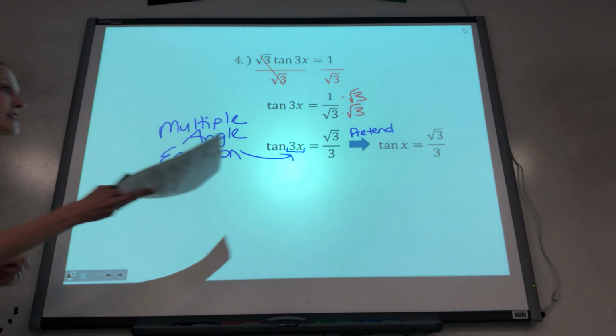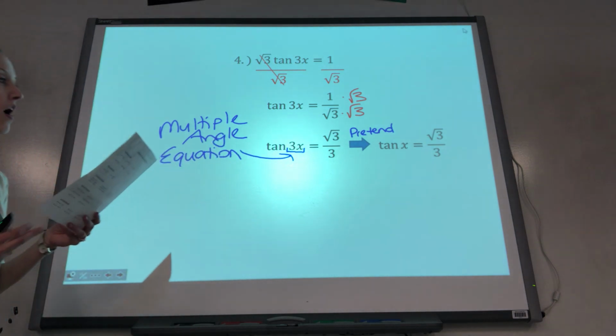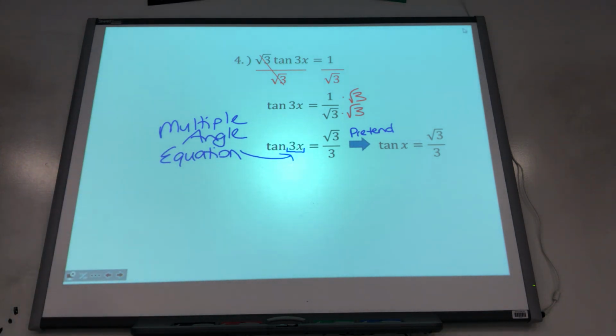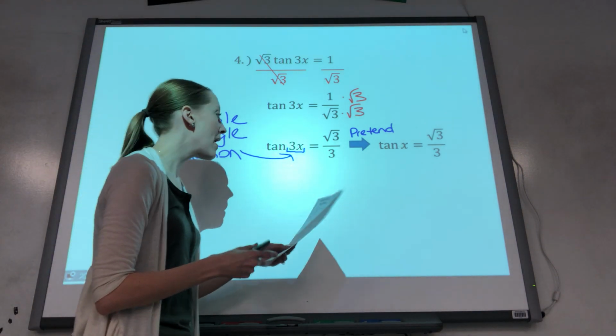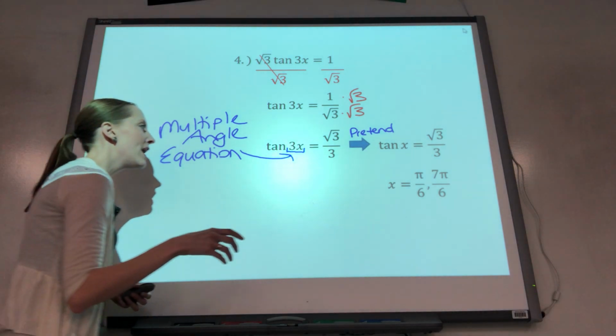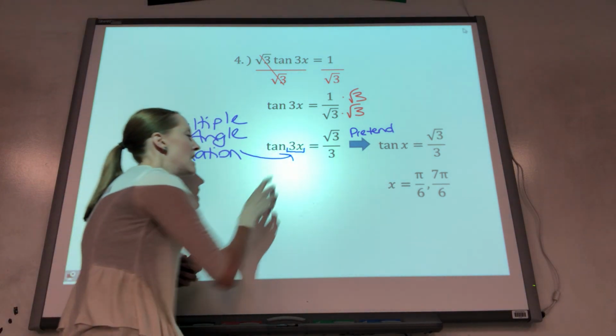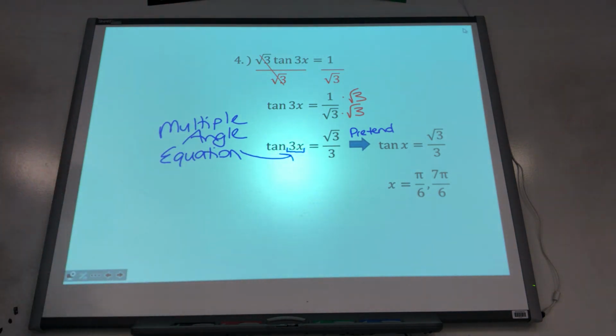If that's what it said, then I would look at my table for all of the places where tangent is radical 3 over 3. And that is pi over 6 and 7 pi over 6. Those are not our answers, but they're going to help us get our answers. We don't want x to equal those numbers. We want 3x to equal those numbers.